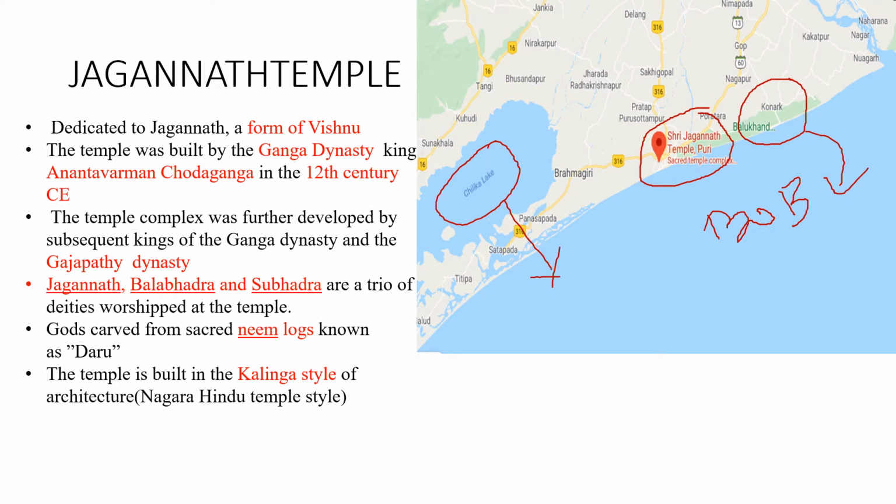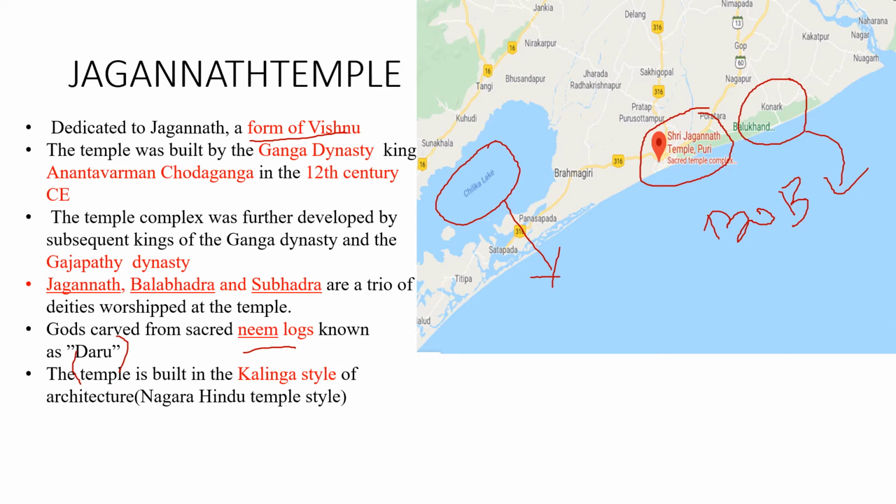The Jagannath Temple is dedicated to the principal deity Jagannath, who is considered a form of Vishnu. Deities in Indian temples are largely made of stone or metal. This temple has a unique feature: all three principal gods are carved out of neem logs, which means the deities are made of wood, and these are called darus.